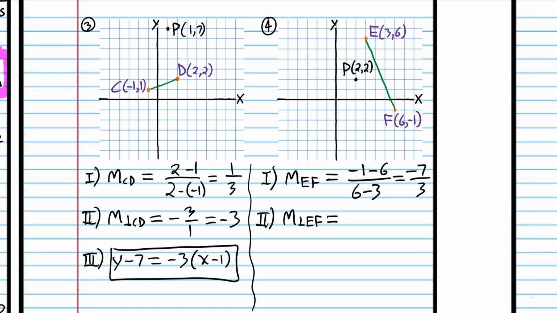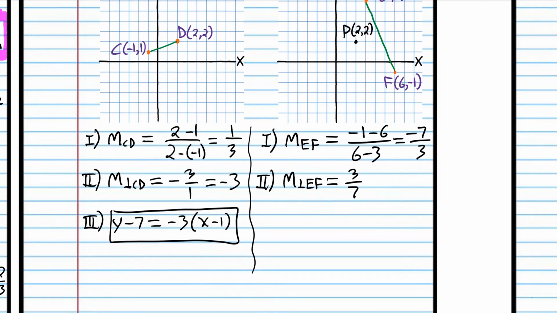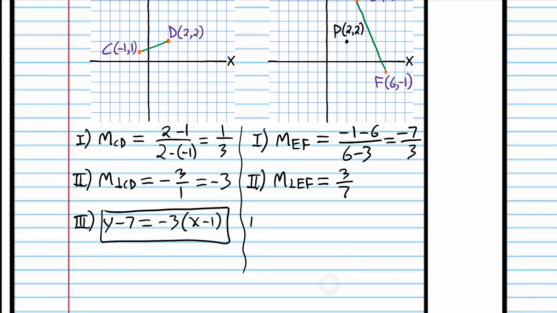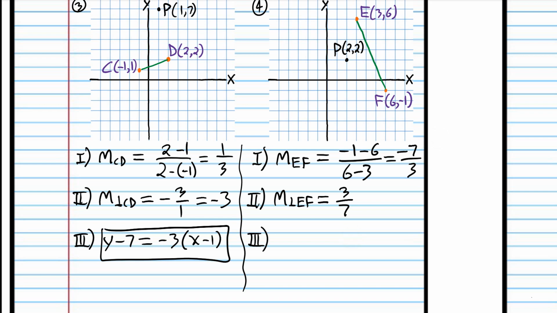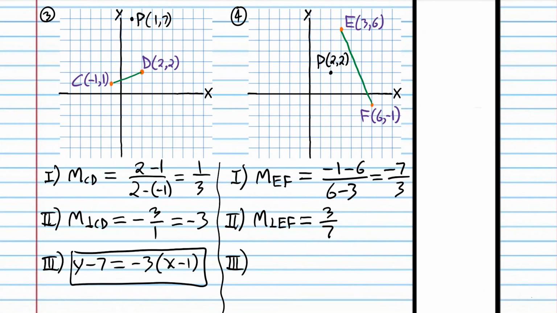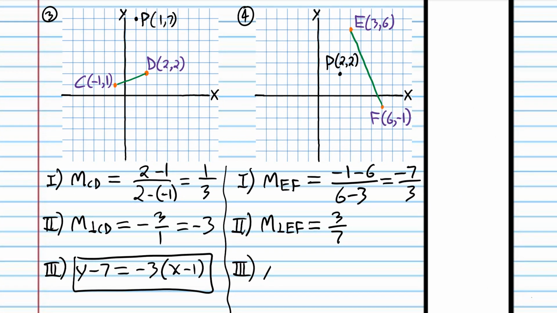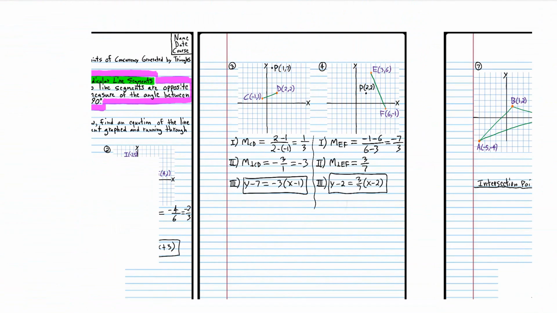So we change signs and it becomes 3/7. And then we just have to write the equation of our line with the point 2, 2 and the slope 3/7. So y minus 2 equals 3/7 times x minus 2. So if you got that answer, good job.